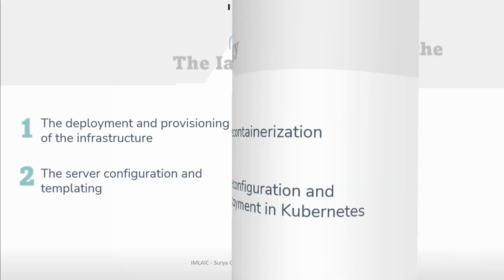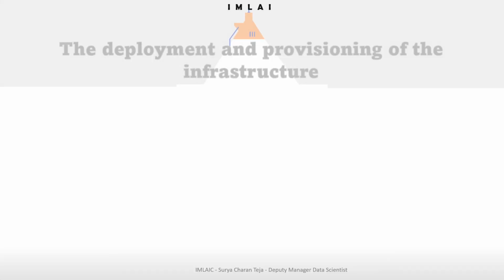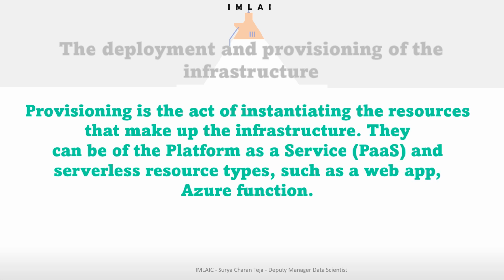Let's look into the first component of the IaC topology. That's the deployment and provisioning of the infrastructure. Provisioning is the act of instantiating the resources that make up the infrastructure.